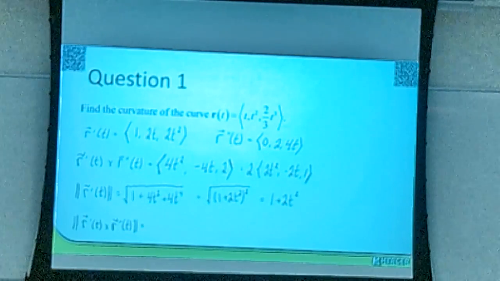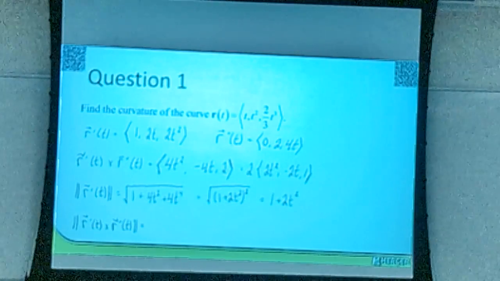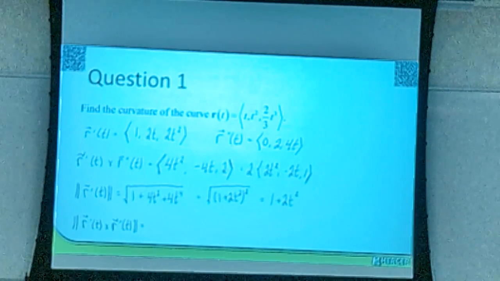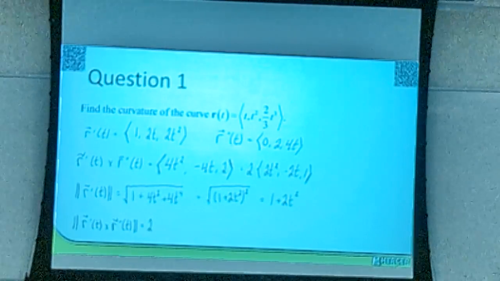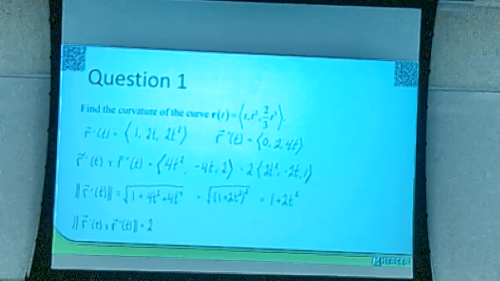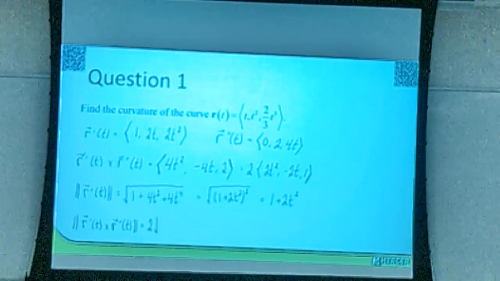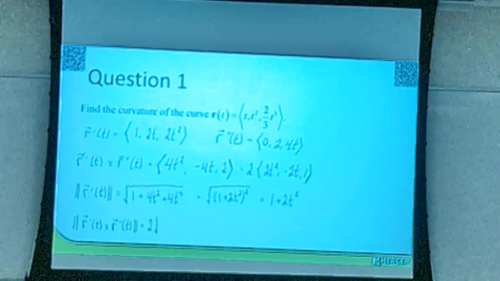Magnitude of r prime cross r double prime. Absolute value of 2 times now the magnitude of the vector.